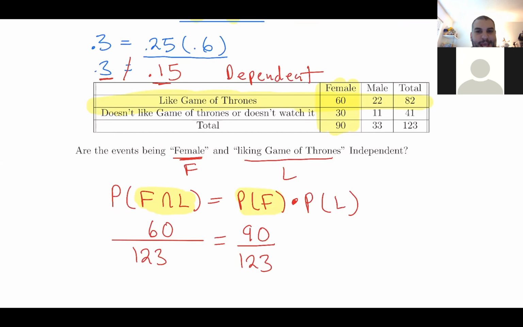How many people do I have that like Game of Thrones in this study? Yeah, 82. Good job, Karen. And you divide this by 123.